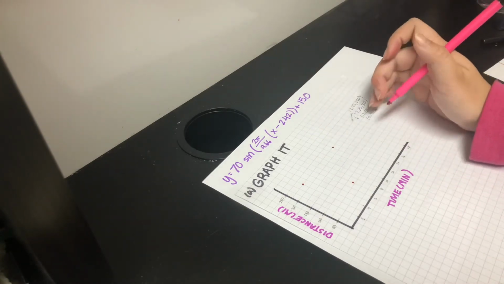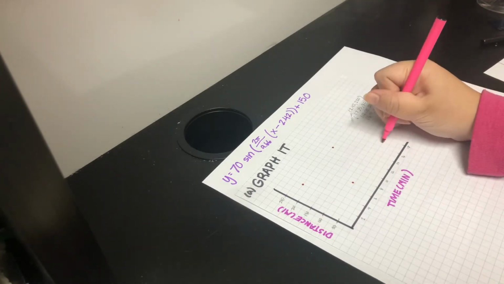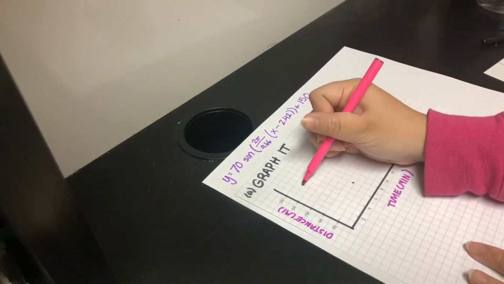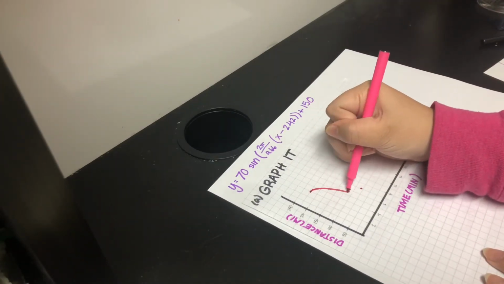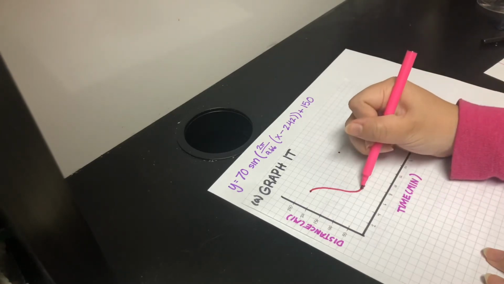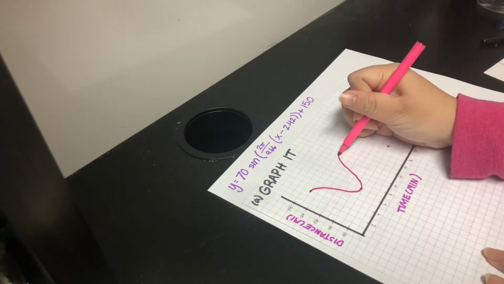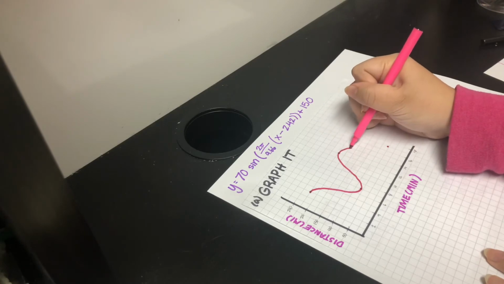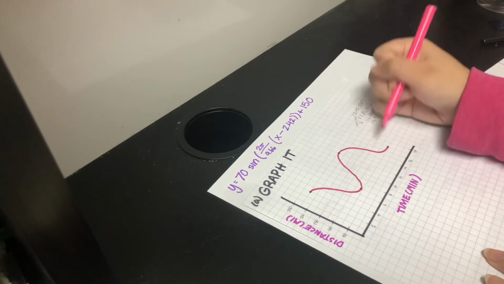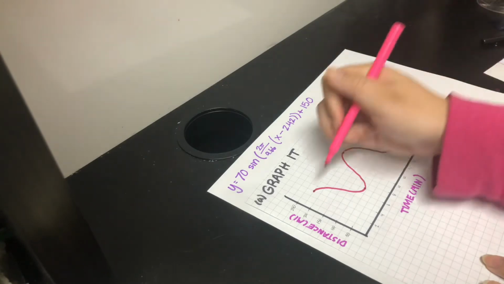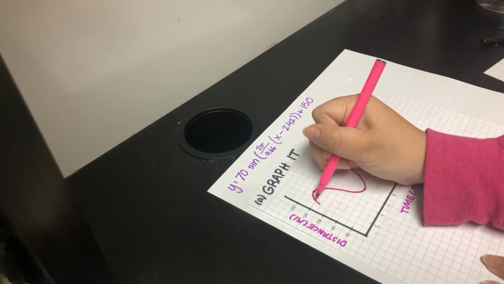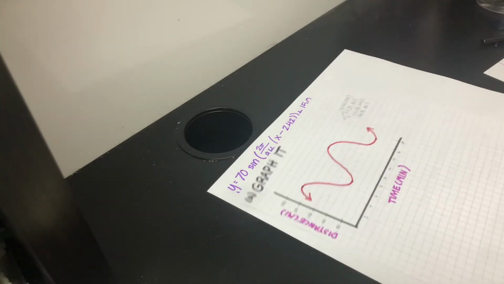And then the next one would be 16.91, 80, which is here. And then from there we can start graphing it. And then we can keep going right here. And then that's how we graph it.